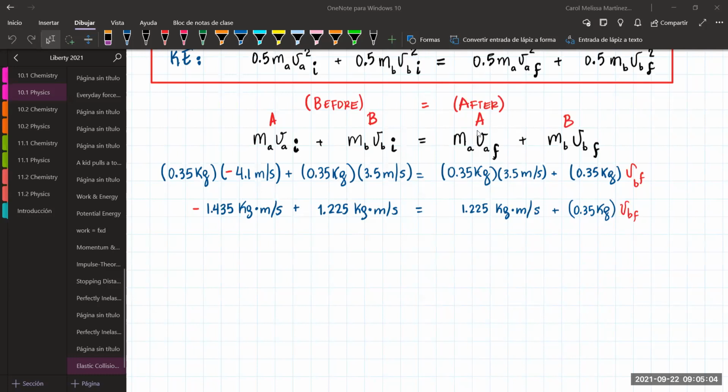So right now, I'm going to do this subtraction with you. How much is this subtraction? Negative 0.21.